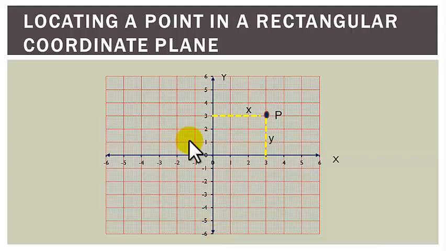The coordinate of the point P is named or specified by the ordered pair (x, y). The first number x in the ordered pair is called the x-coordinate or abscissa, and the second number y is called the y-coordinate or ordinate.